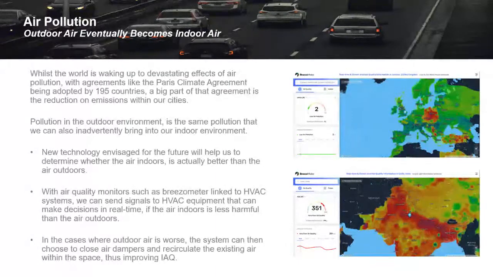Obviously, after pandemics, that gives us an opportunity to say, okay, the air outside is pretty bad today, so let's focus on recirculating the air that's within our spaces. So this sort of new technology is really going to help us to monitor the quality of the air in the building and replace it only when the standard outside is good enough to be beneficial to the occupants within the building.